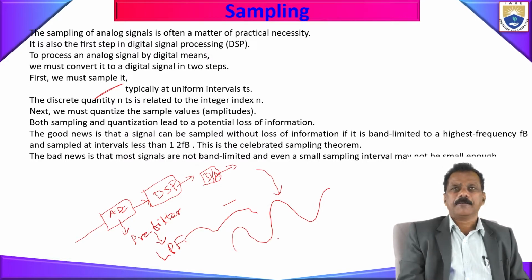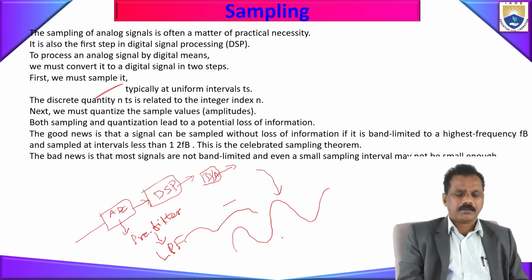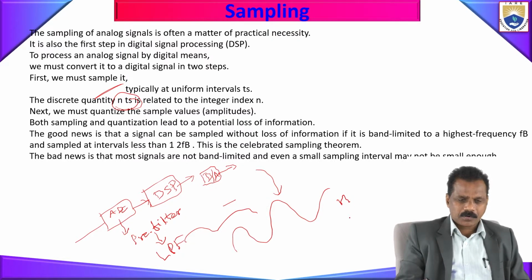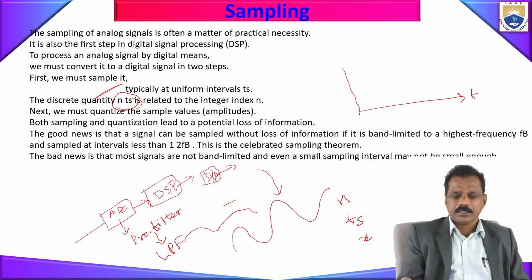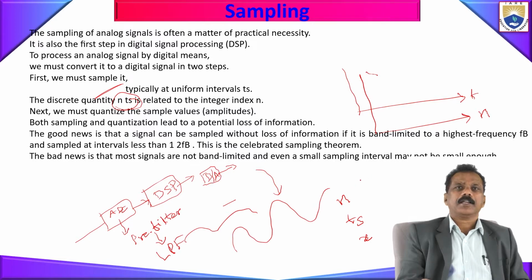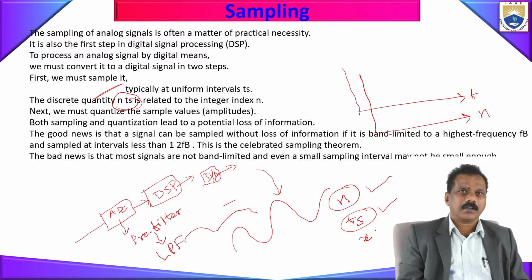The discrete quantity nTs is related to the integer index n. These are all discrete quantities, either n, or Ts, or x. The graphical representation is x of n versus n, where both n and Ts are discrete quantities.